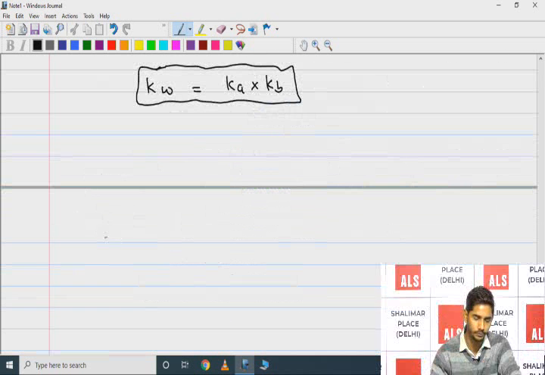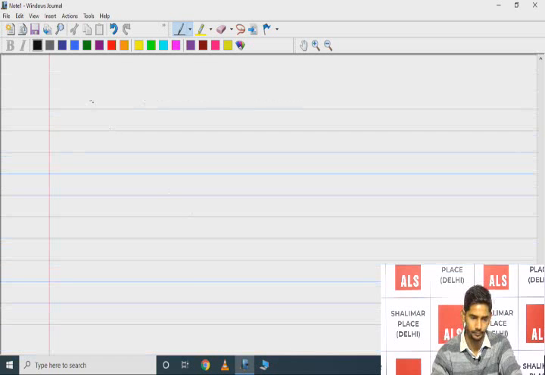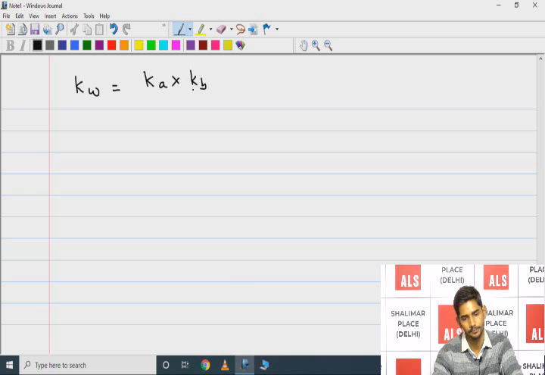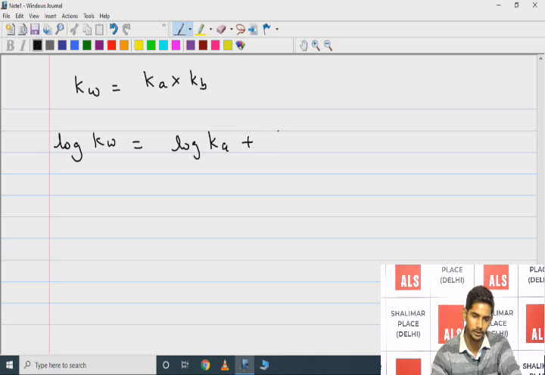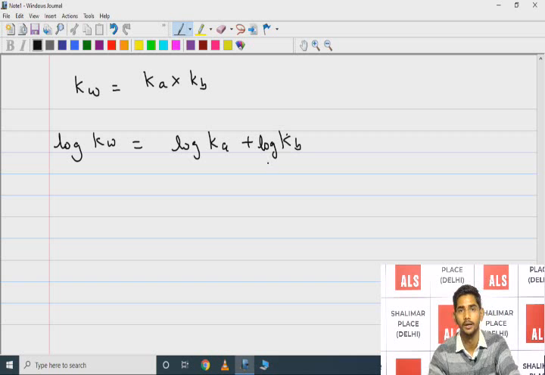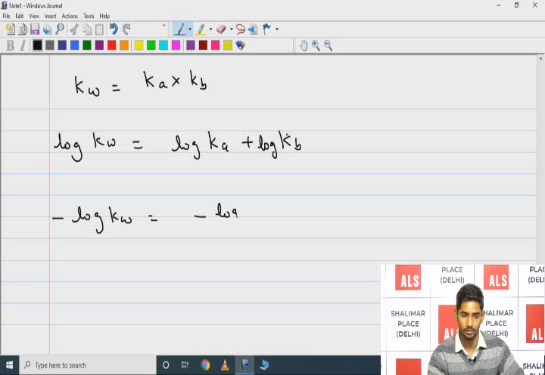See, what can we do? Kw was Ka into Kb. If you take log on both sides, you can say log Kw is equal to what? Log Ka plus log Kb. Please do one thing: multiply negative sign on both the sides. So it will be minus log Kw, this is minus log Ka, and this is minus log Kb.